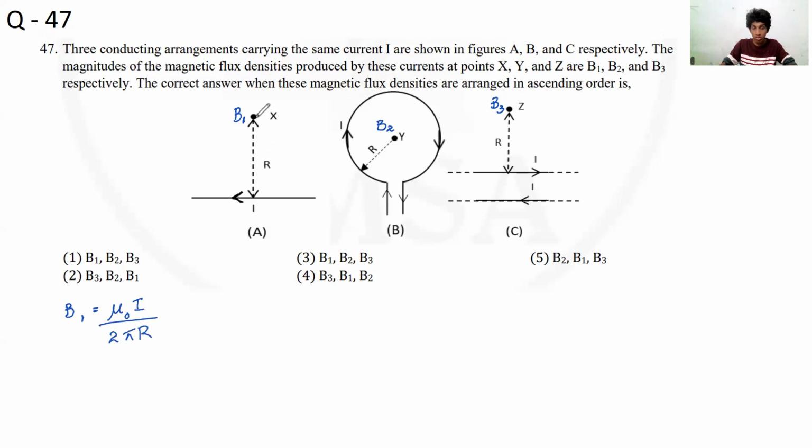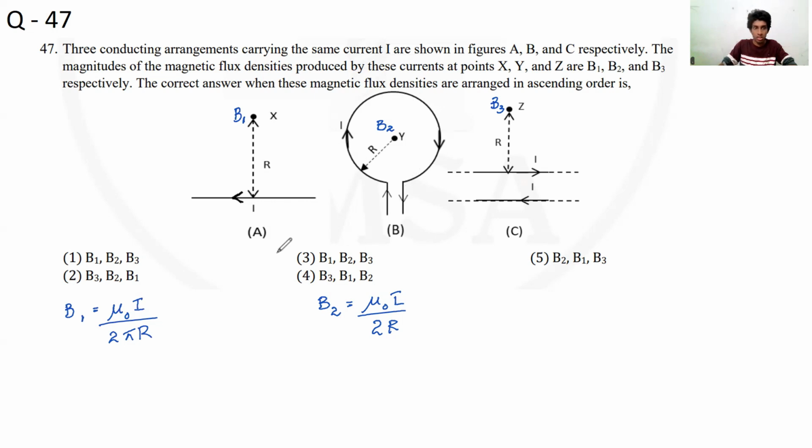So we can write an expression for B1 and that is equal to mu naught I over 2 pi R. So that is the magnetic flux density at a perpendicular distance R away from a long length conductor carrying a current I. So here mu naught is the magnetic permeability of the medium. Similarly, we can write an expression for B2 and that is equal to mu naught I over 2R. That is because this is a circular conducting coil.